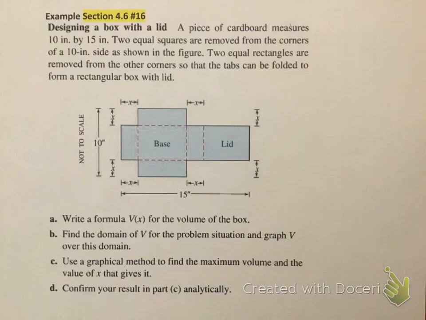All right. So by now you should understand that you have a piece of cardboard that is 10 inches on one side and 15 inches on another side, and that we are cutting out 2 little squares from the 10-inch side and 2 rectangles from the longer 15-inch side.